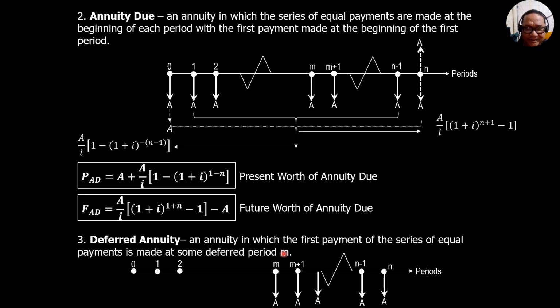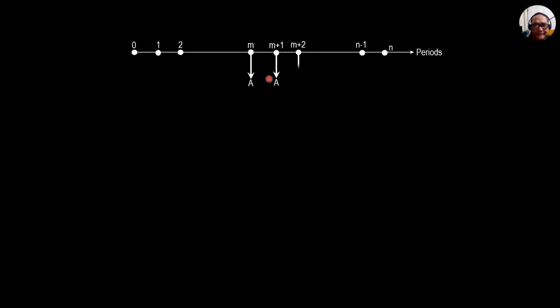So there will be 3 or more solutions to this type of problem. So we have the cash flow diagram for deferred annuity so that we can analyze how to solve this type of problem, whether we compute the present worth or the future worth or the value at any period.